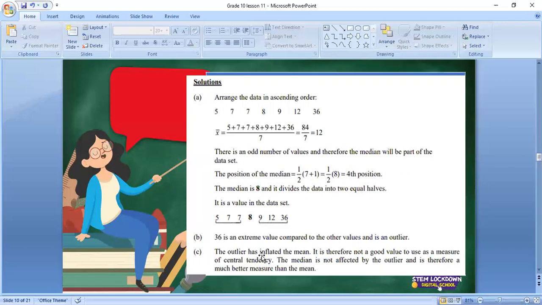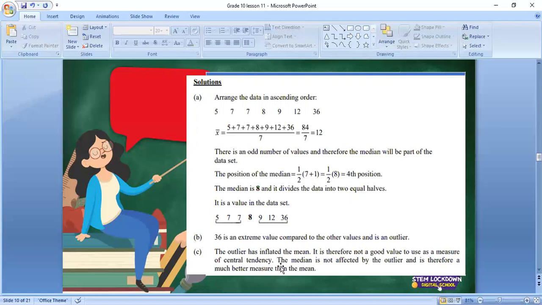Then part C: the outlier has inflated the mean. The presence of an outlier will inflate the mean and falsify it, so it is not a good value to be used as a measure of central tendency. The median is not affected by the outlier and is therefore a better measure than the mean.